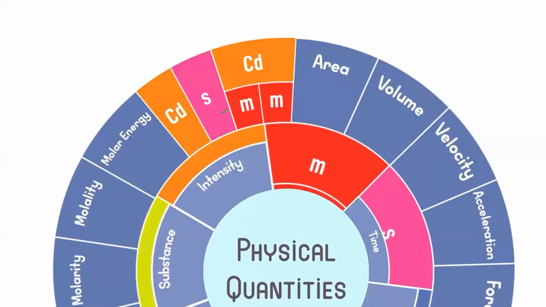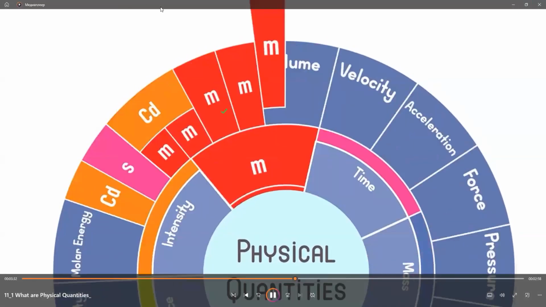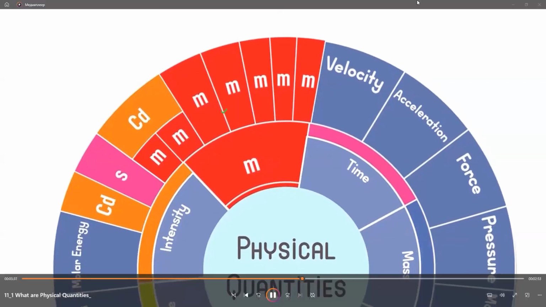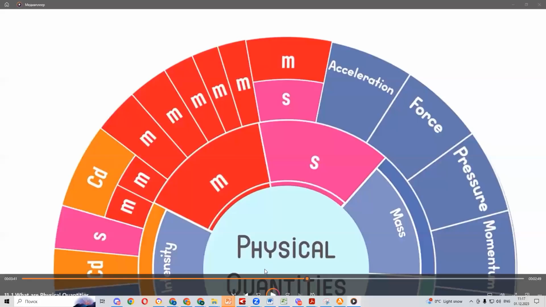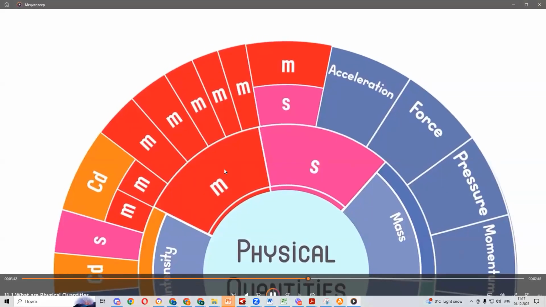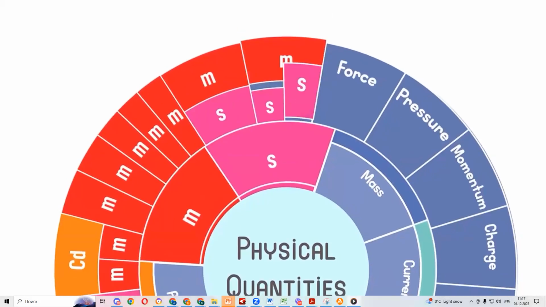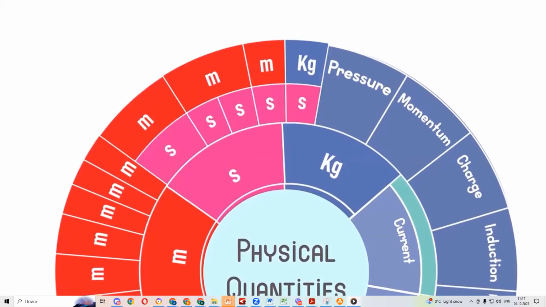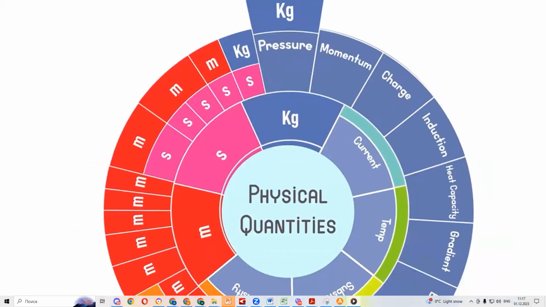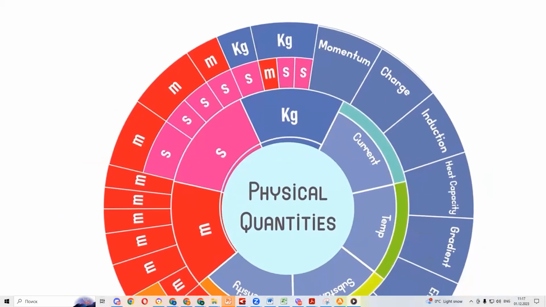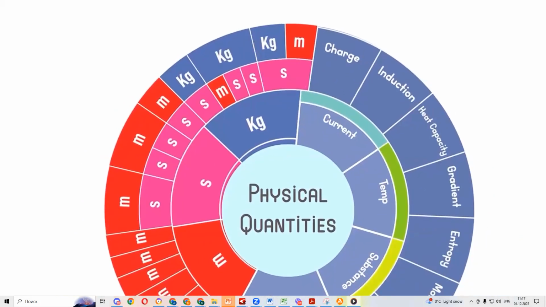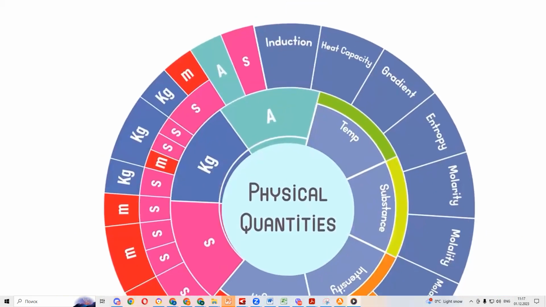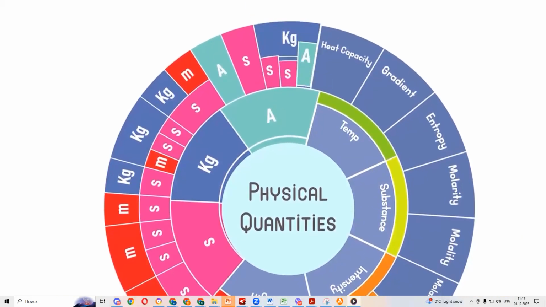For example, the unit for area is square meter, and for volume is cubic meter, which are based on meter. Velocity is measured in meter per second, acceleration in meter per second squared, force in meter kilogram per second squared, termed as Newton, pressure in Pascal or kilogram per meter second squared, momentum in meter kilogram per second, charge in Coulomb or ampere second, and magnetic flux density in Tesla or kilogram per second squared ampere.